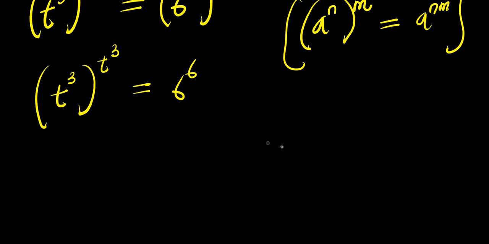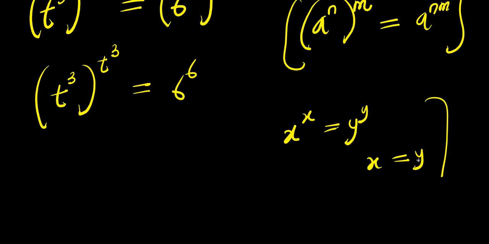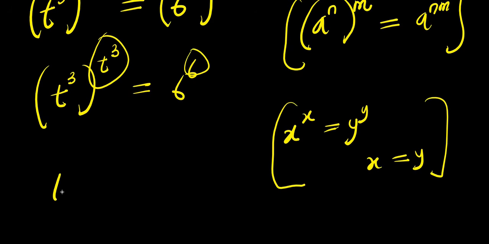Now, if you have x power x and this equals y power y, that means x equals y. Then we need to compare this exponent. So we have t to the power of 3 equals 6.